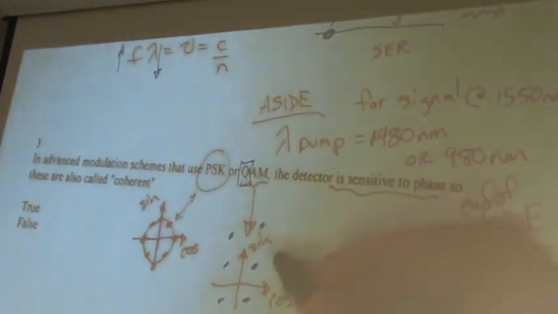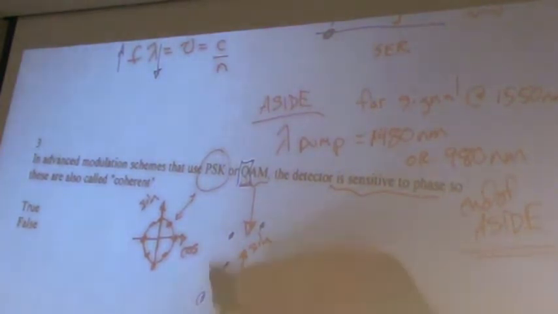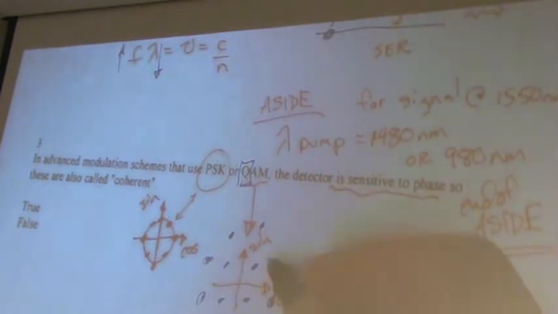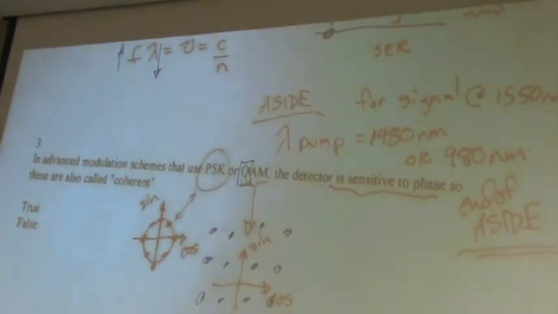If I want these to be the same spacing, then plus and minus 1 and plus and minus 3. They're all separated by 2. All right, so a 4-level signal on sine then gets me 4 dots in the other direction. And 4 times 4 would be 16. This would be 16 QAM. That's 16 different states. Questions on that?